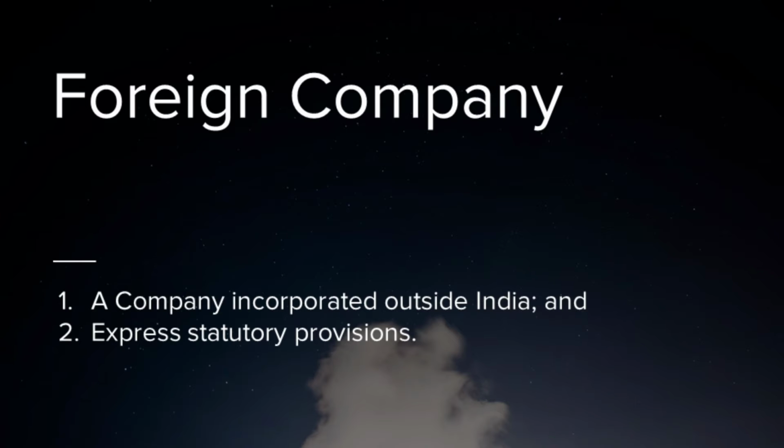Once a foreign company is registered in India, it has to give its memorandum of association, articles of association, names of the directors, company secretary, names of any person resident in India who can accept any legal process on behalf of the company, the registered office or principal office, and the company's principal place of business in India. They have to submit all of this to our registrar of companies.